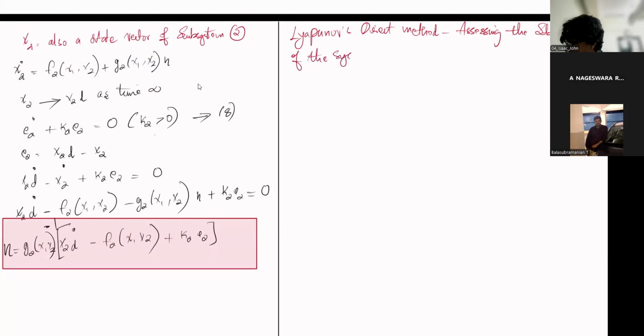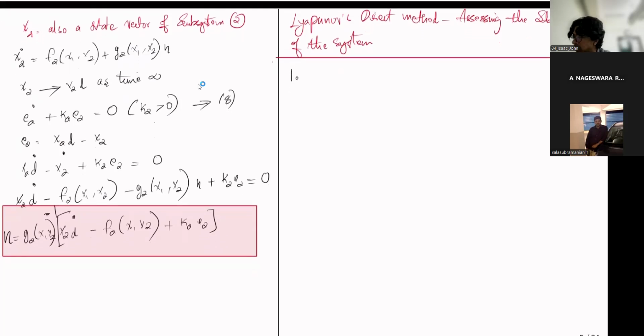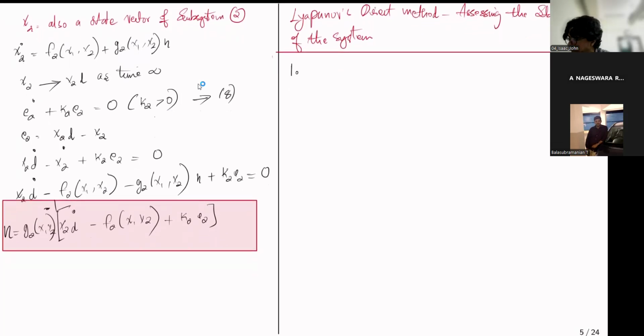So I'll just briefly explain the procedure. How can we use this Lyapunov method to assess the stability of a system? The first step is that we have to come up with a candidate function.